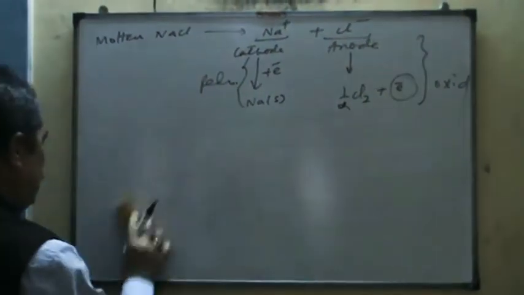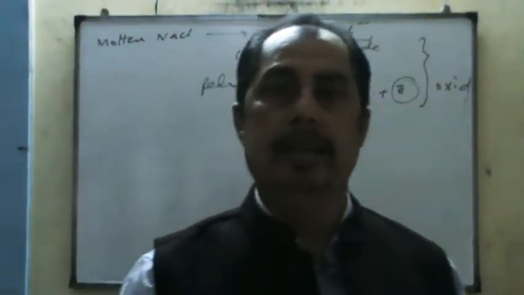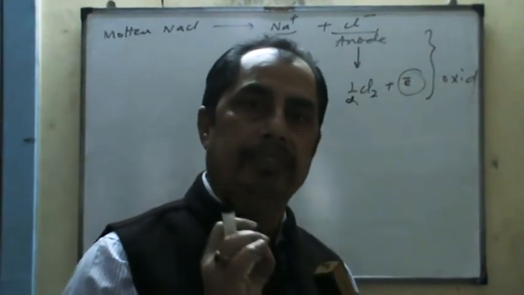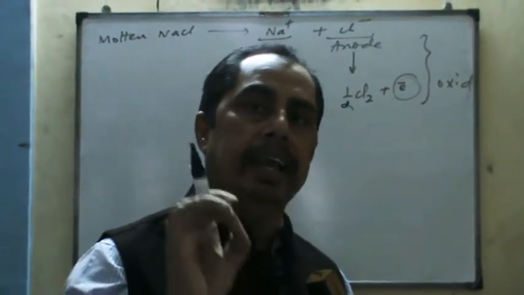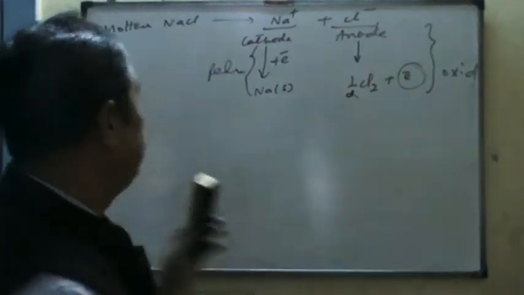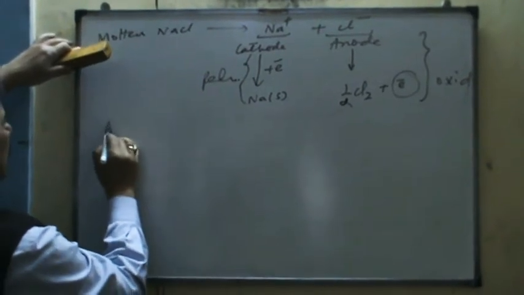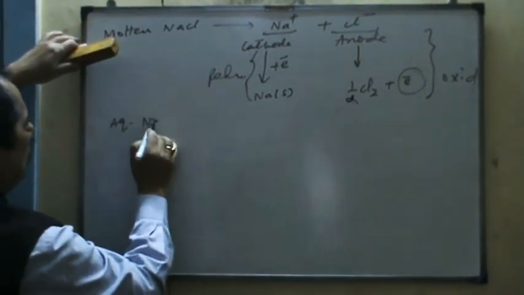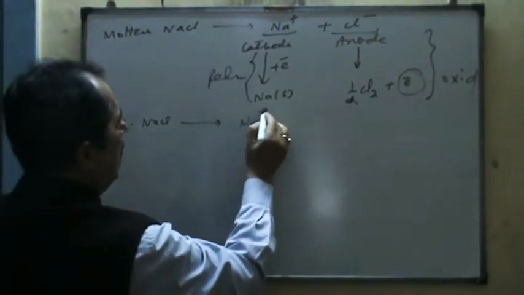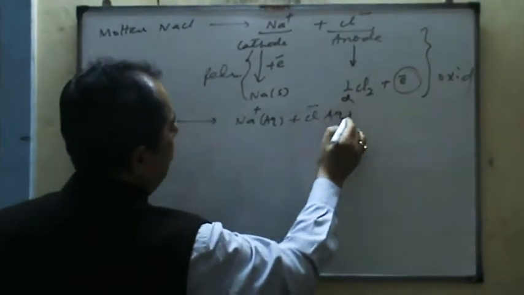This is how you can write the process of electrolysis. But once I change the medium, if I put sodium chloride in aqueous solution, then the answer is going to change. See, an aqueous solution of NaCl undergoes electrolysis, giving Na positive aqueous and chloride ion aqueous.